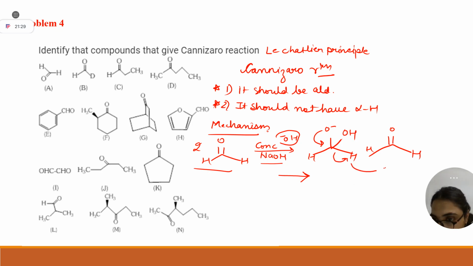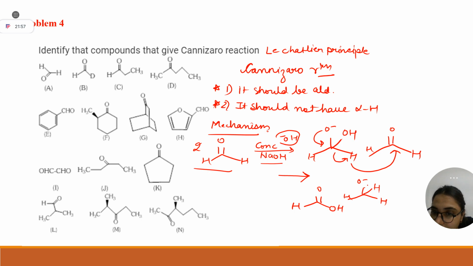So the only option it has is removal of H negative. Now this H negative is going to attack the second molecule of aldehyde, and you will get HCOOH. Correct? Now you have acid in your reaction vessel, and you have alkoxide as base.